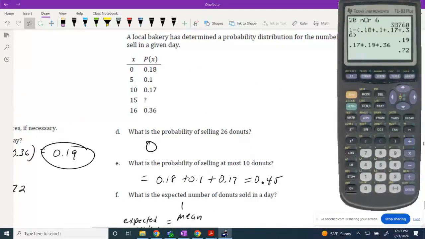Right, so I'm going to turn on my calculator and clear out my home screen. Then I want to go into Stat, and we're going to choose Edit. If you have numbers in your list, you can go to the very top, hit Clear and Enter.